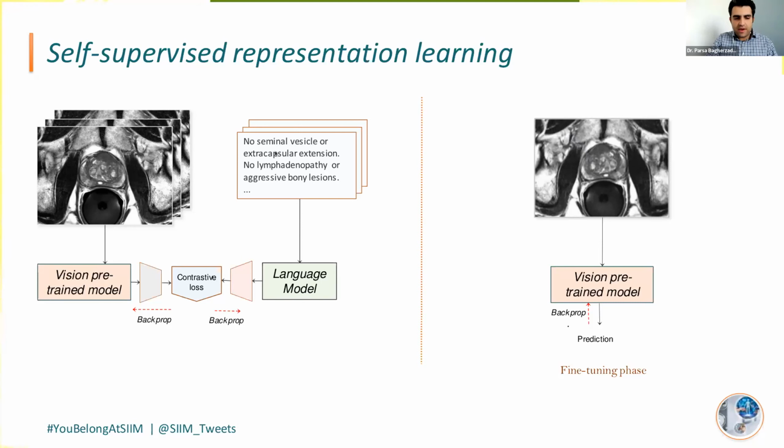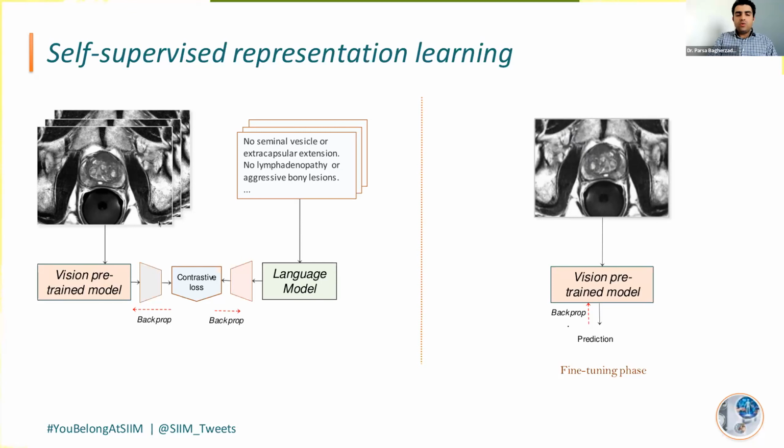So we have these pairs. We give the image to a vision pre-trained model, for instance, a model that is pre-trained on ImageNet or a general domain. But the point is, this vision pre-trained model does not provide a very rich, good representation for this medical image, because the domain of pre-training was different.